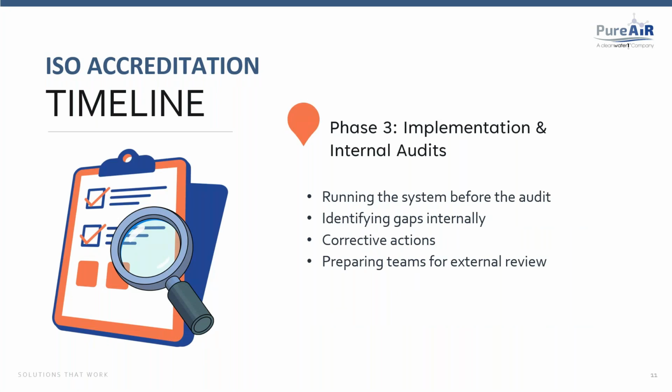The third phase is the implementation and internal audits. That means running the system before the audit and identifying gaps internally. From those audits that you perform, at some point you're bound to find some sort of issue, where someone might be doing it a slightly different way.